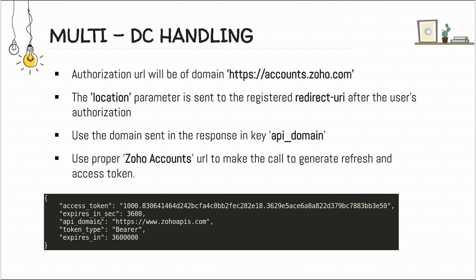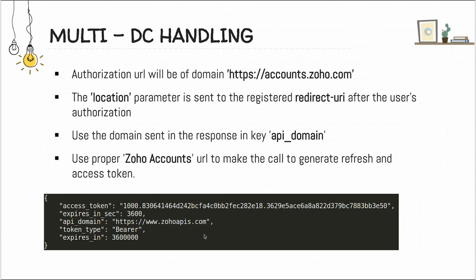This is very important. Now it says www.zohoapis.com, as the location that was sent back to me was US, where the .com domain is prominent. If the location parameter is EU, then the API domain would be zohoapis.eu.